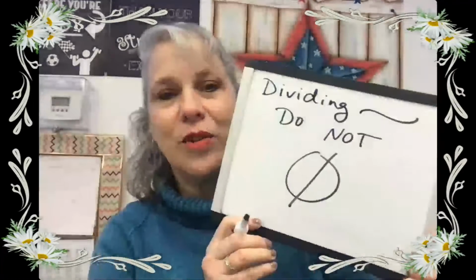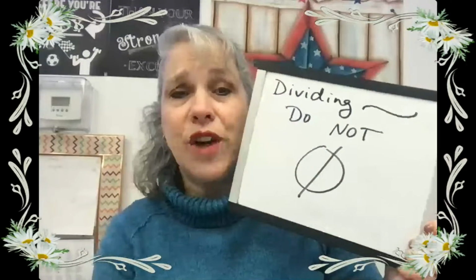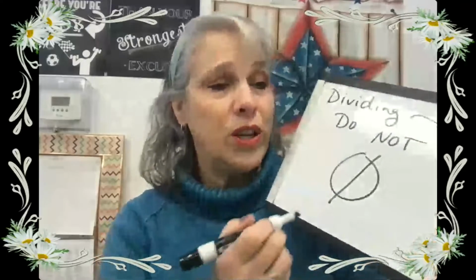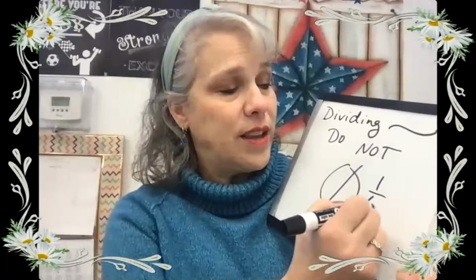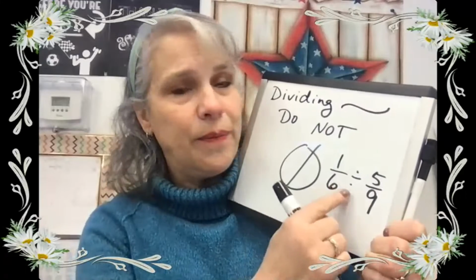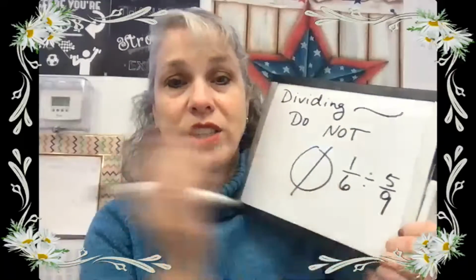We do not divide fractions, okay? So any problem that has a division symbol in between the two fractions, like 1/6 divided by 5/9, you say, dividing fractions. We don't divide fractions.